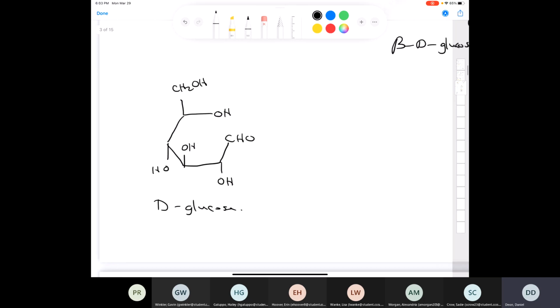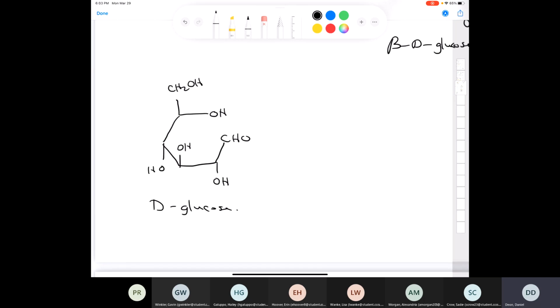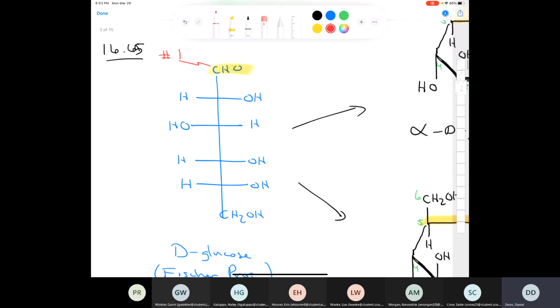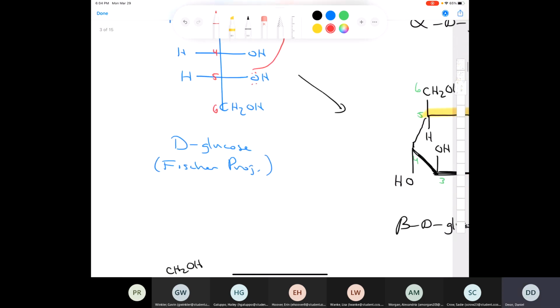So this is the D-glucose molecule right here, right? This is exactly the same thing as this, right? If you number these carbons, number 1, number 2, number 3, number 4, number 5, number 6, the reaction that forms the hemiacetal is between the lone pair on the hydroxyl of carbon 5 and this carbon right here. Okay, that's what forms the bond.